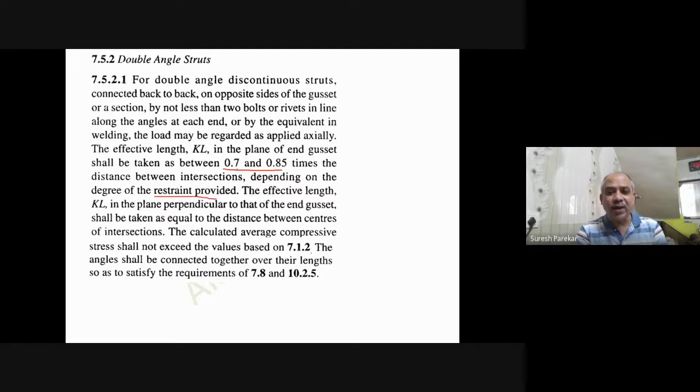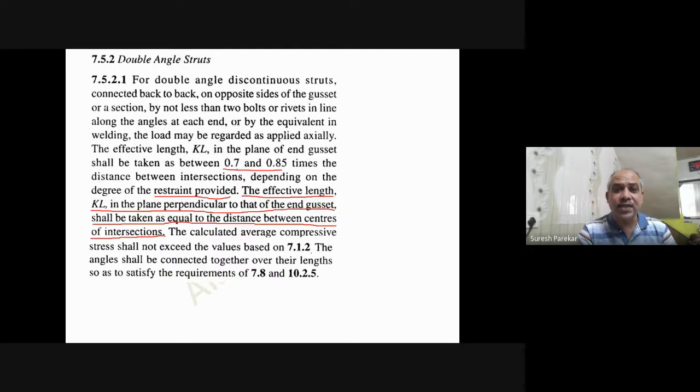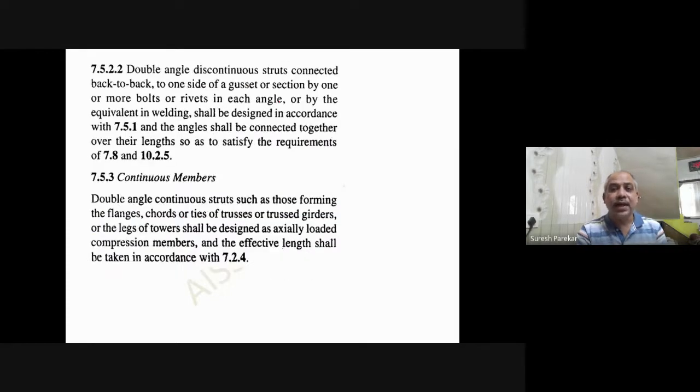So all these values of K actually depend on the degree of restraint provided for your end conditions. Now double angle discontinuous strut. First we have this, you can see, for angles on opposite sides of the gusset plate, and this we are going to have for angles connected back to back on the same side of the gusset plate.